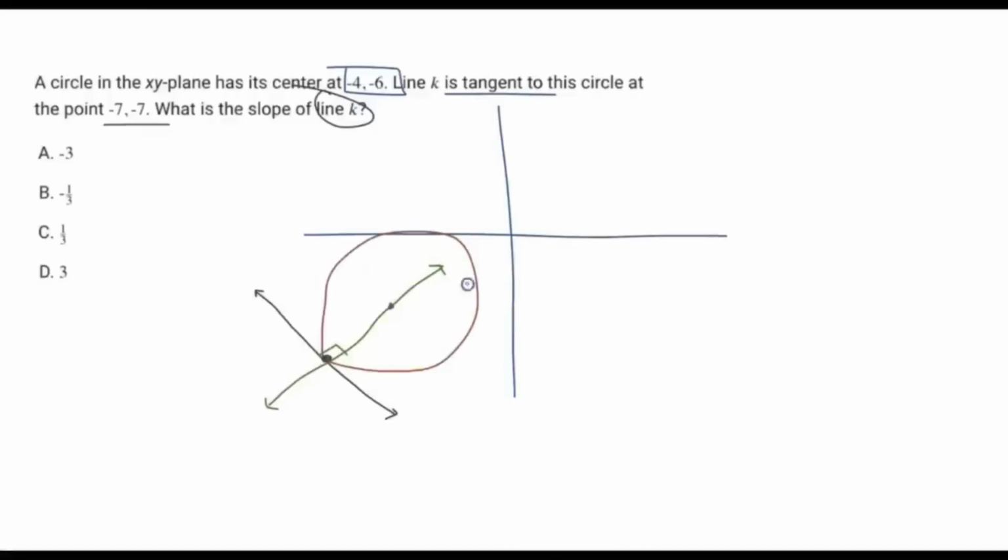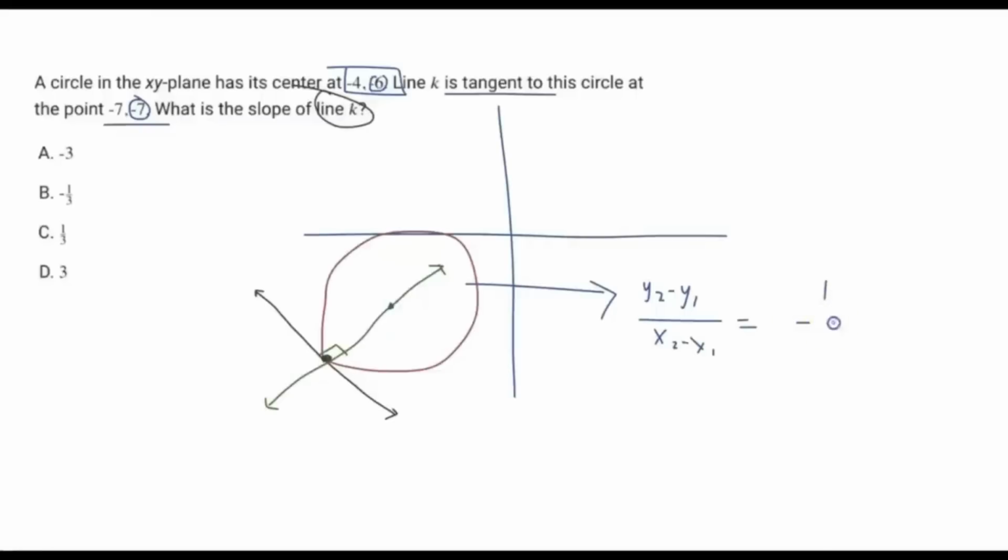So the slope of the green line, let's draw over here, is going to be based on these 2 coordinate points. So the equation is going to be y2 minus y1 over x2 minus x1. And so here, let's just look for the change in y. We're going from -7, -7 to -4, -6. And so the change in y, which is -7 to -6, is a change of +1.